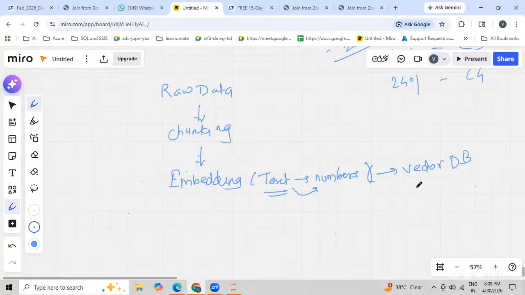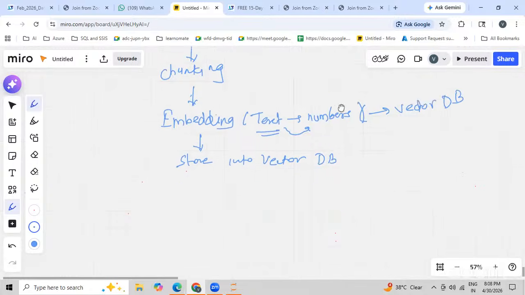I really forgot the name. Weaviate is another example, and Pinecone. So these are some vector DB examples. After getting the embedding, it is going to be stored in the vector DB.